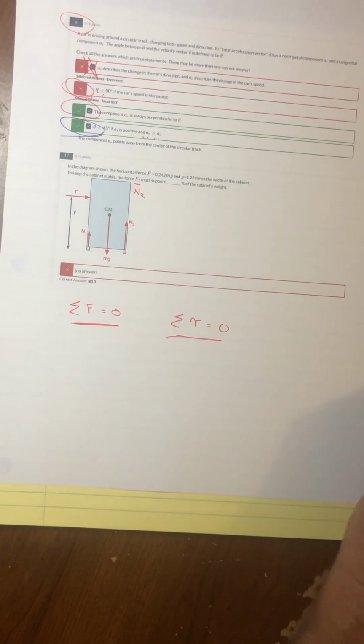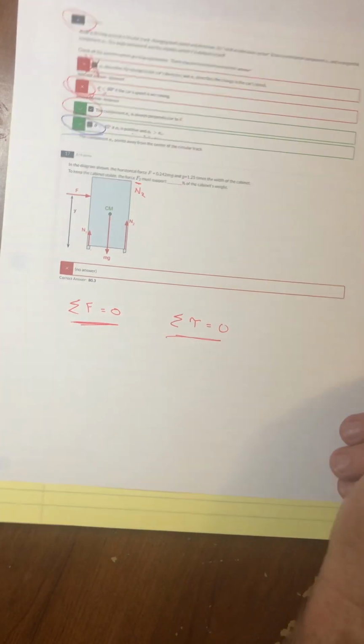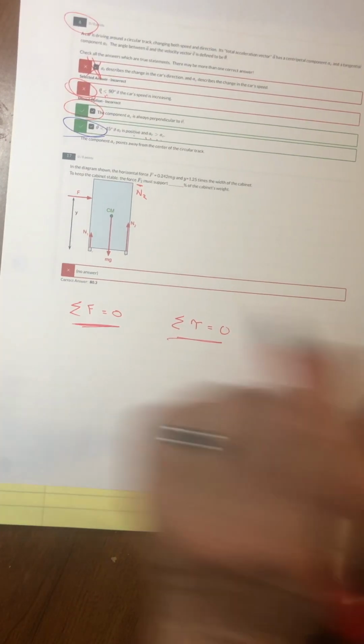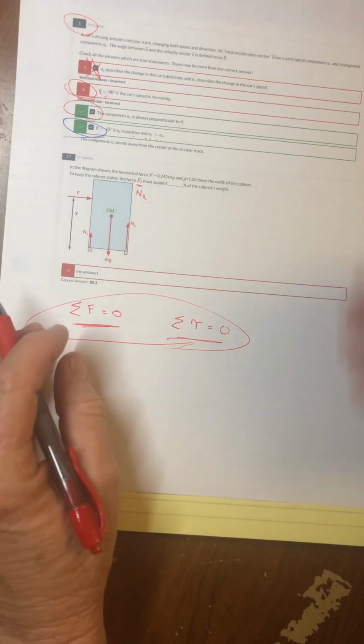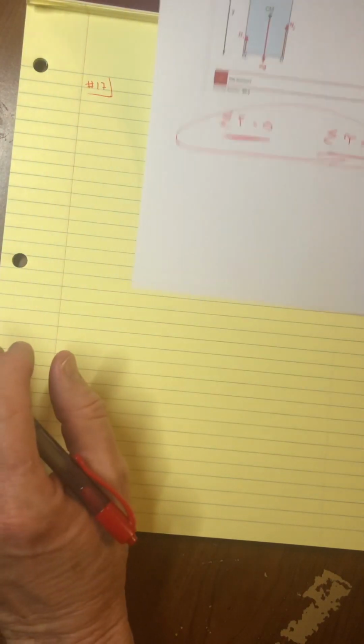So it is partly a rotational problem, but also partly just our kinematics or statics because it's not moving. Anyways, so we call these a static problem here. So let me start there with the idea that the sum of all the forces, and I'll just do the y direction, has to be 0.